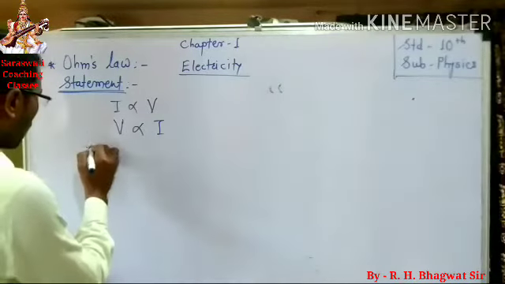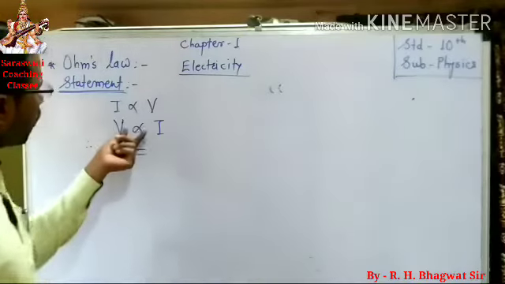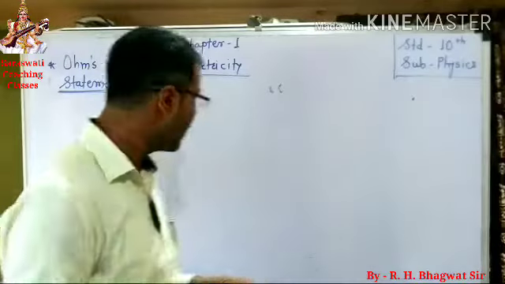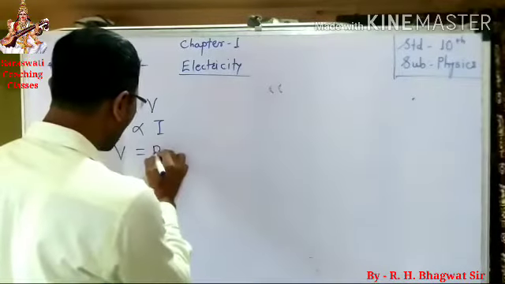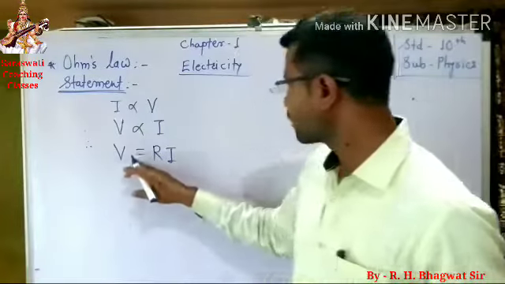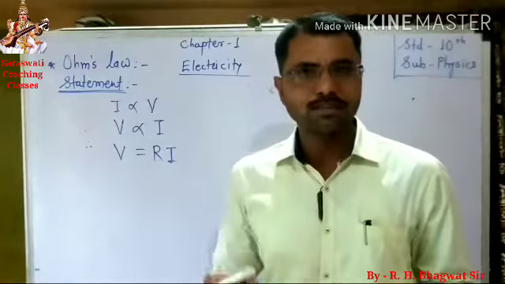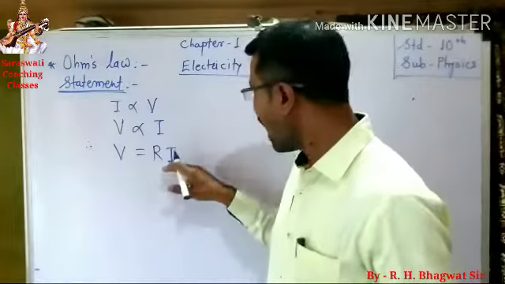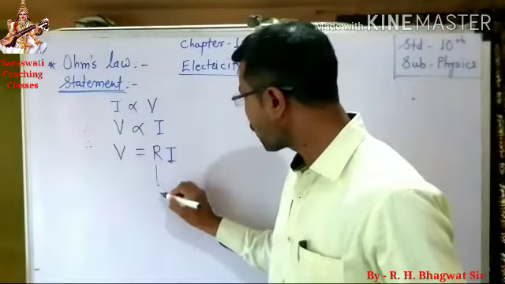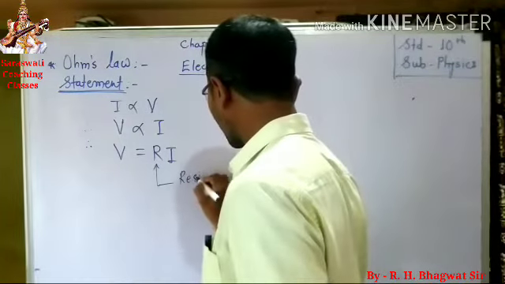When we want to remove the proportionality sign, we have to insert the proportionality constant. Here the proportionality constant is capital R. Therefore, V is equal to R into I, where V is the potential difference applied across the conductor and I is the current flowing through that conductor. This capital R, the proportionality constant, is known as the resistance of the conductor.